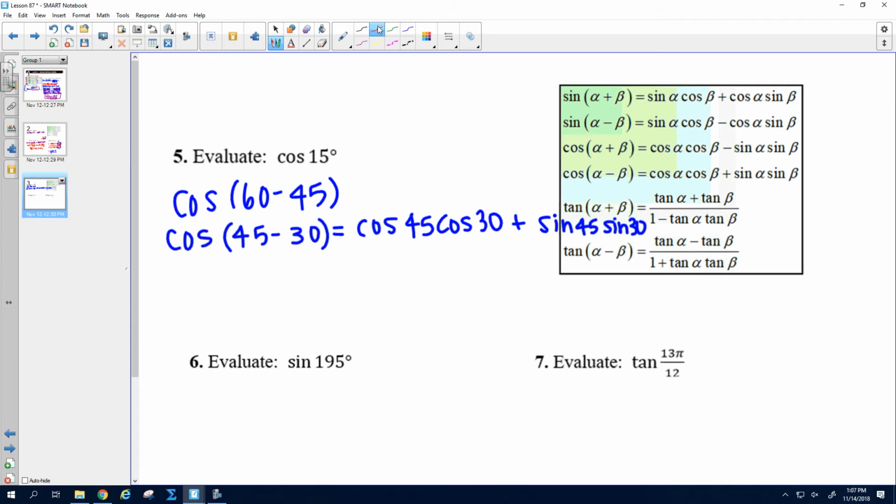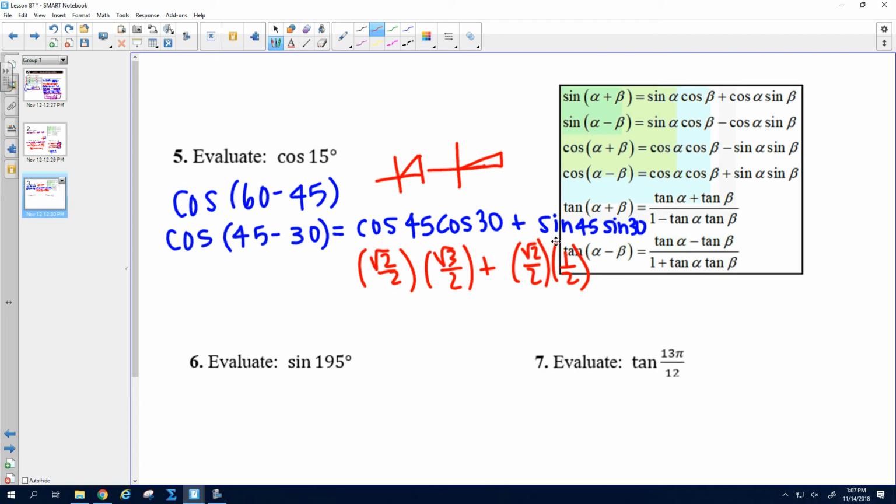So the cosine of 45 degrees, what is that? Square root of 2 over 2. And then I have the cosine of 30 degrees, which is the square root of 3 over 2. And then I have the sine of 45 degrees, which is square root of 2 over 2. And the sine of 30 degrees, which is 1/2.